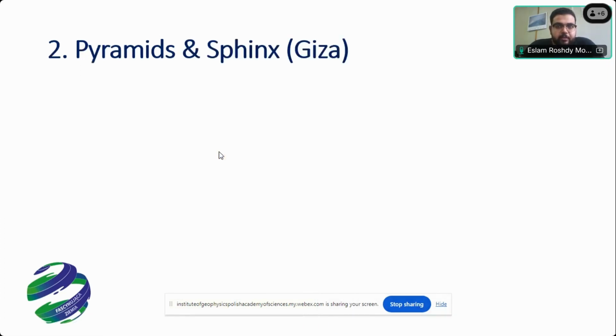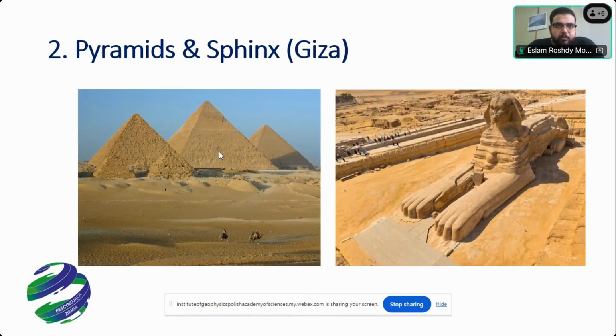Number 2, the pyramids and Sphinx in Giza are the most iconic symbol of ancient Egypt. The pyramids were constructed as monumental tombs for the pharaohs Khufu, Khafra, and Menkaure. These are the names of the pharaohs.